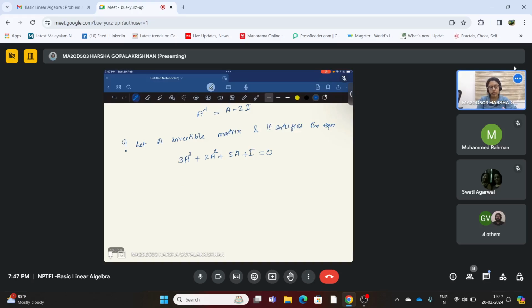Now, can you say what A inverse is? It is just like the earlier one. What is the expression for A inverse?